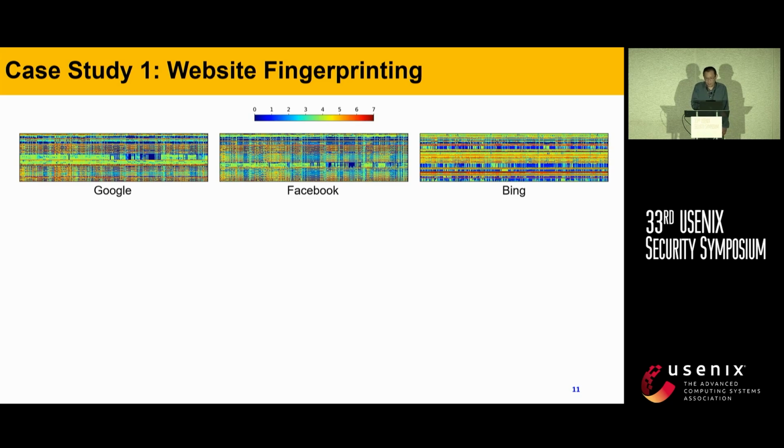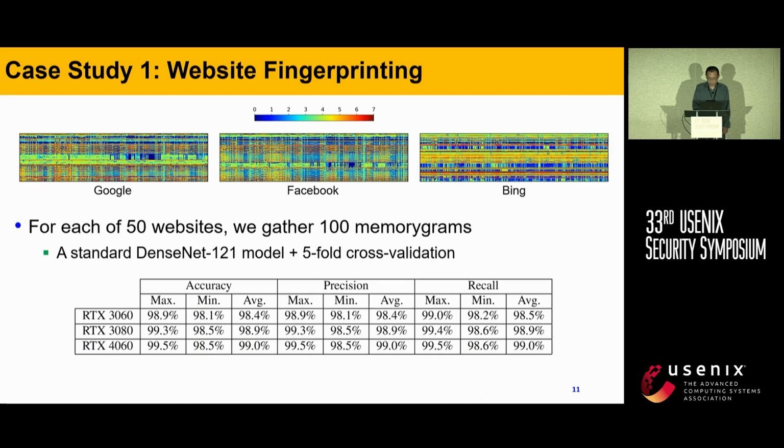These memorygrams are captured using our primitive on an RTX 4060. We can see these memorygrams can be used to distinguish between those websites. Due to the time limit, let's just show the result of a 5-fold cross-validation conducted using memorygrams corresponding to 50 websites. From the results, we can see the performance is very good.